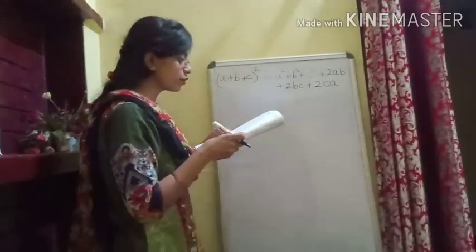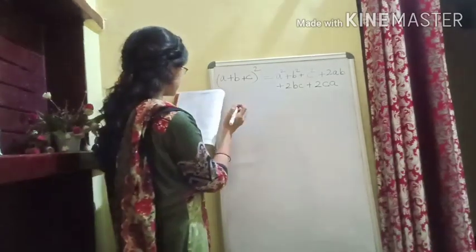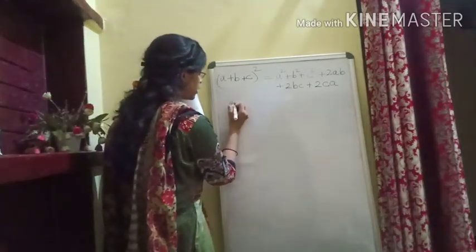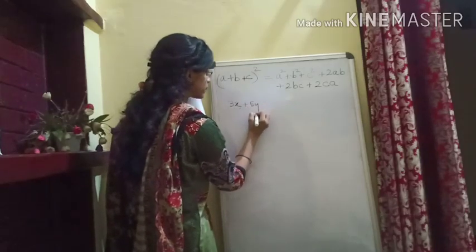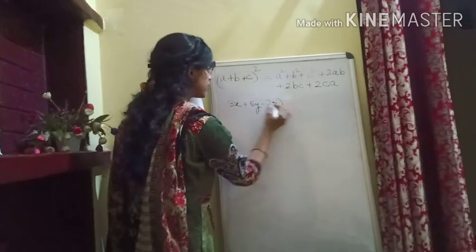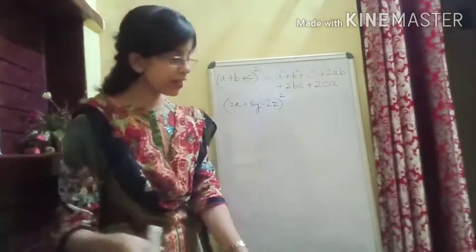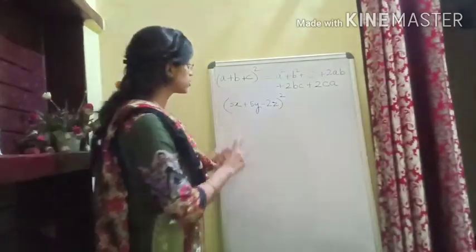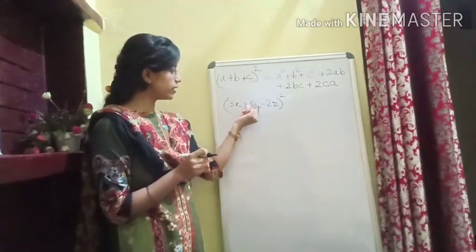Okay, now I am going to take the next question, that is 3x plus 5y minus 2z, whole square. Now be very careful. Here we have three terms, that is a, b and c.